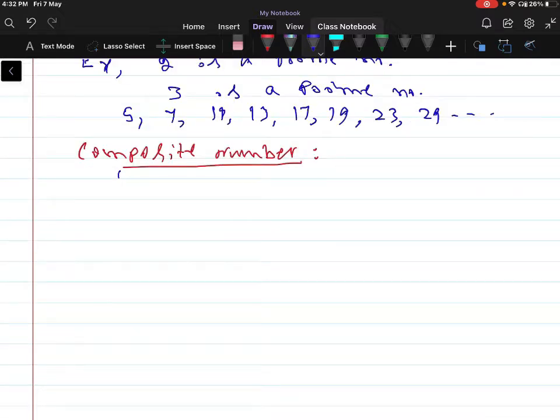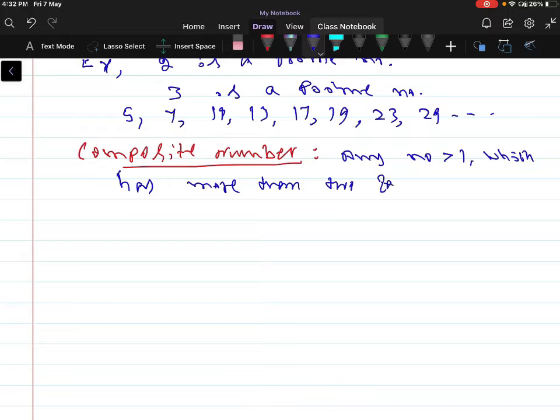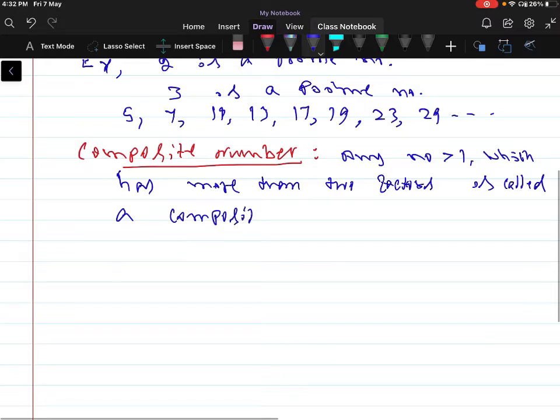Now let's move to the definition of composite number. Any number greater than 1 which has more than two factors is called a composite number.